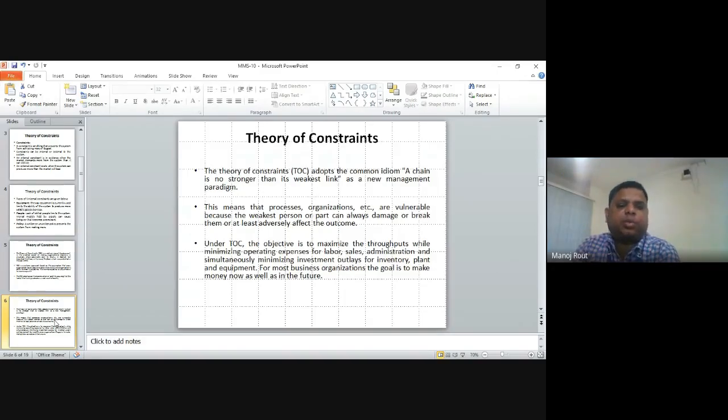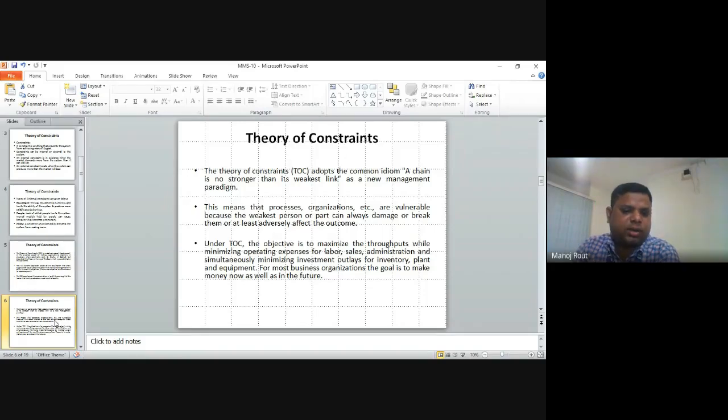This means that the process, the organization, etc., are vulnerable because the weakest person or weakest parts can always damage or break them, or at least adversely affect the outcomes. As far as people are concerned, whether unskilled, semi-skilled or highly skilled, if they are neglected due to some unwanted circumstances, that directly affects the outcomes of your production activities.